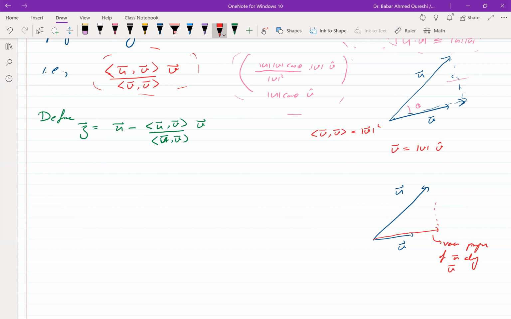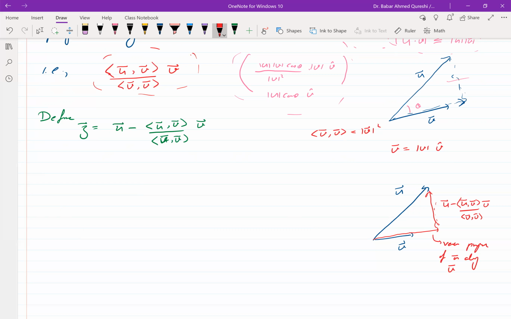Then if I make this vector go from this vector projection to u, then this is simply u minus this projection, right? The projection plus this vector is equal to u by the head-to-tail rule. So this vector must be u minus the projection.